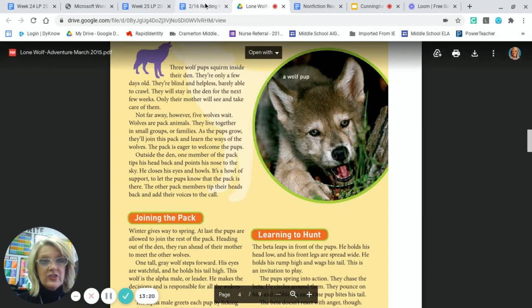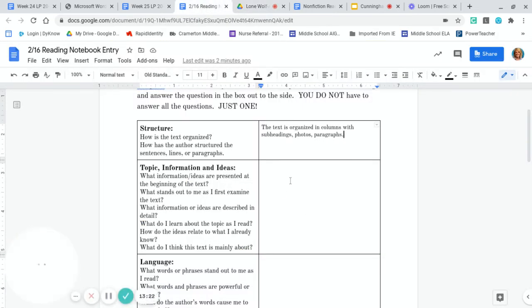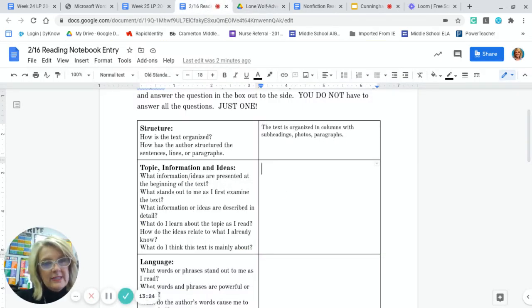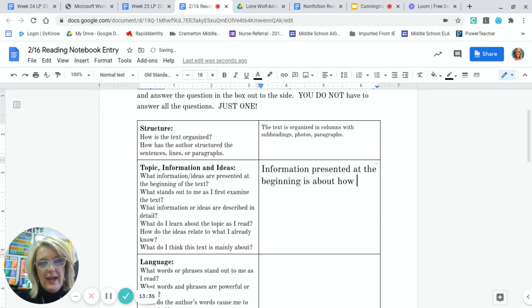So this first section, the information presented at the beginning, is about how pups are born and isolated with the mom.